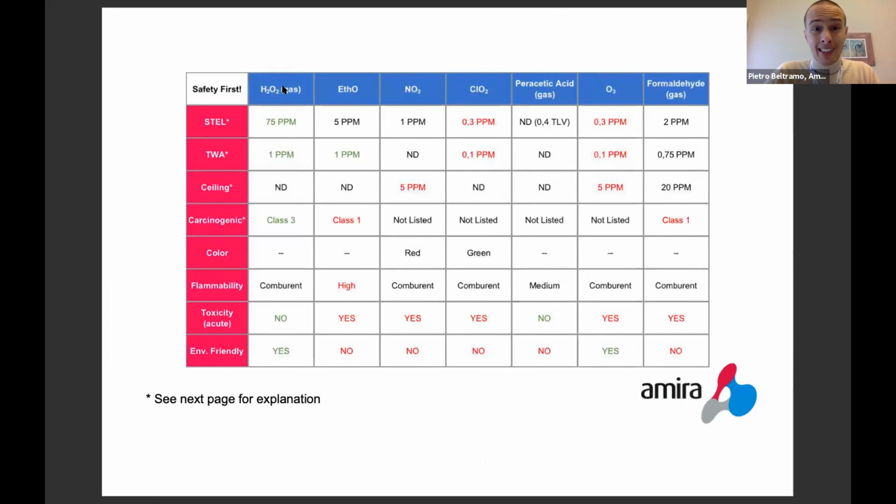One good example is insulin production. Whoever produces insulin knows that this specific molecule is really sensitive to H2O2. A few ppb of H2O2 in the air is enough to destroy the insulin in the ampoules. So there's no way to use it for sterilization of that specific product, for example.